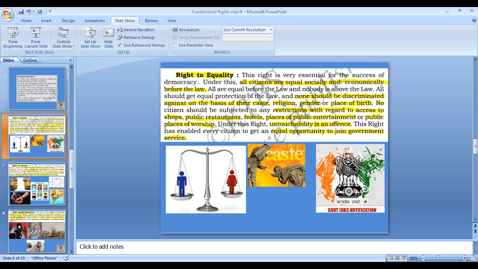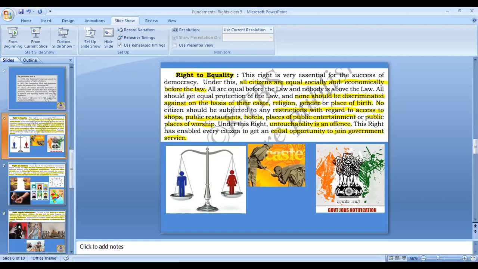If you move to the metropolitan cities, there are a few people who discriminate based on birth. For example, in a few cities, when persons from North India or the northeastern states come to the south, a few people, I'm not talking about the majority, treat them as if they are not from India.